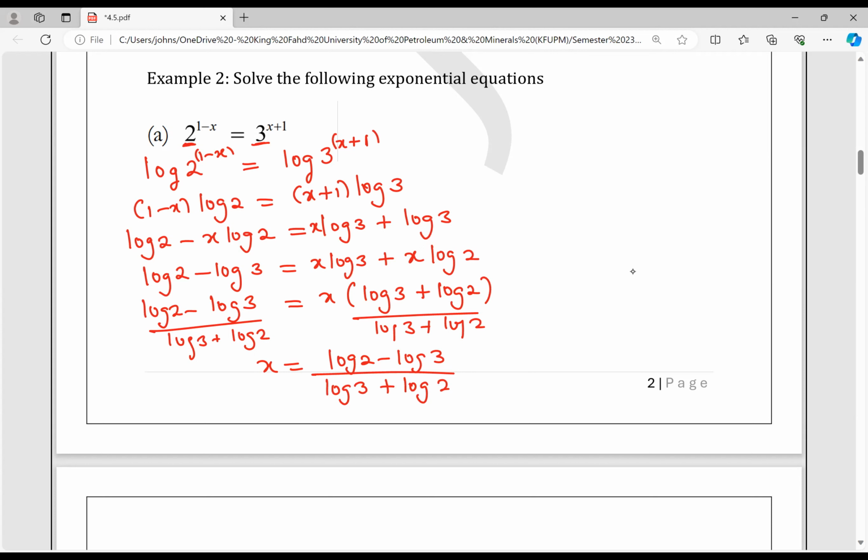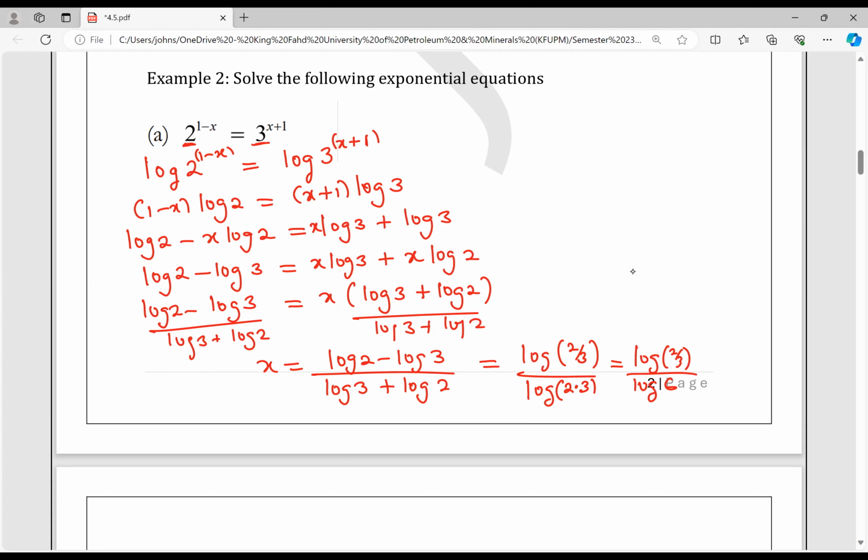Now this is nothing but log of 2 divided by 3, because subtraction can become division, and addition can become multiplication, right? So this is 2 times 3. This is just going to be log of 2 over 3 over log of 6.